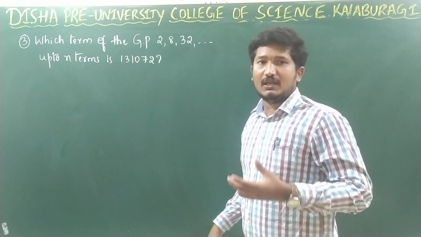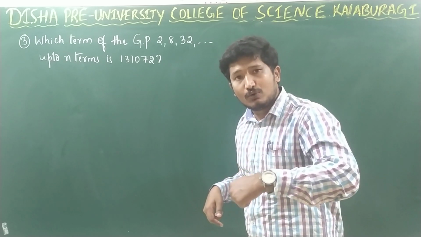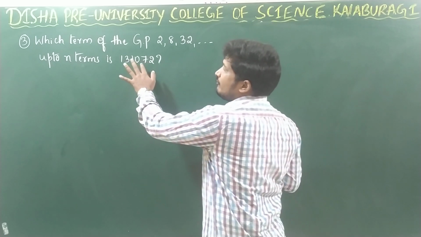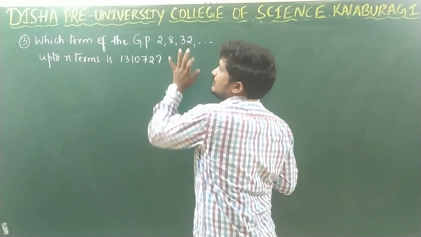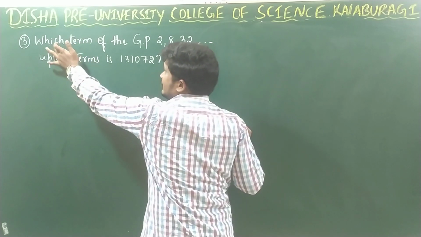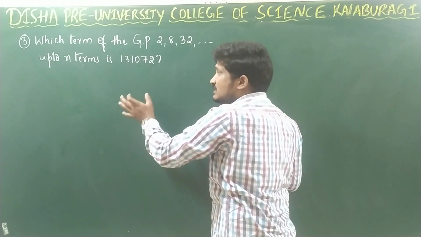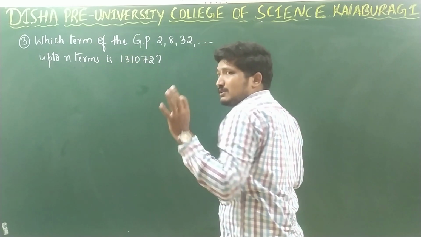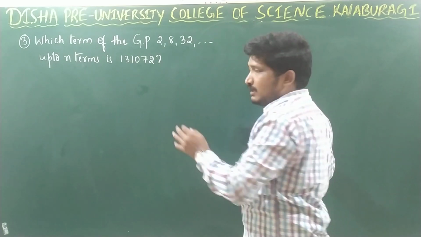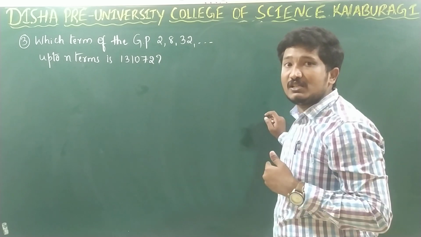In the same way, here we are asked to find out at which position this number is present in the GP. Which term of the GP in the sense? At what position this number is present, right?